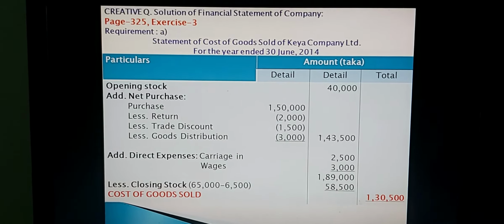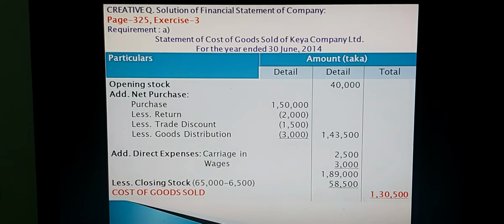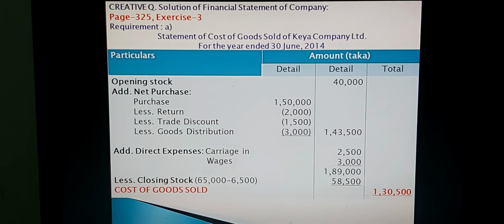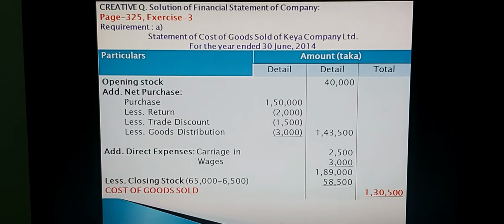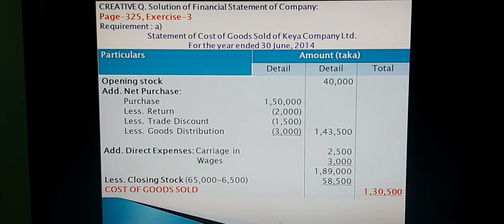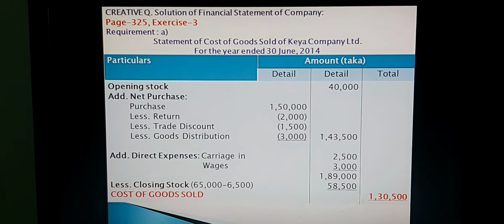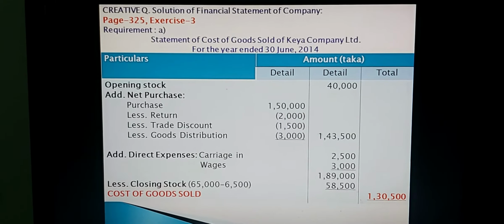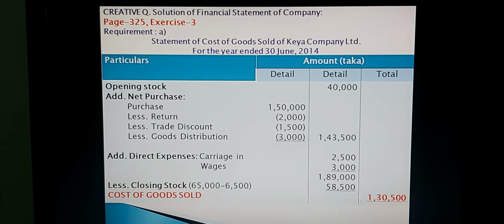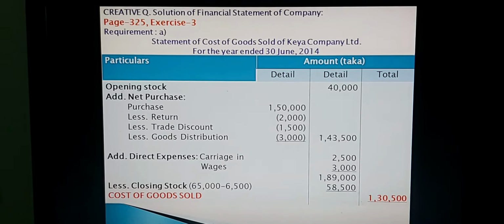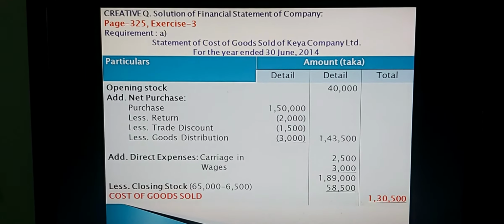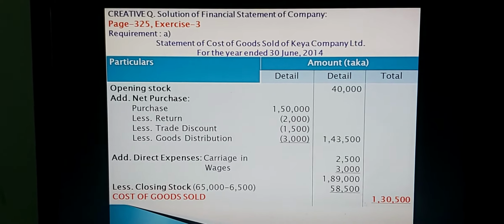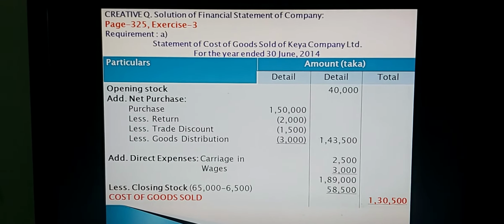Then it can be deducted from the amount of 1,89,000. So you can get cost of goods sold in the outer column, that is the third column of amount, 1,30,500. Okay, dear students, I think you have solved and written in your copy for requirement A.